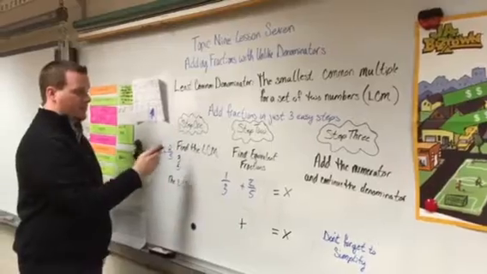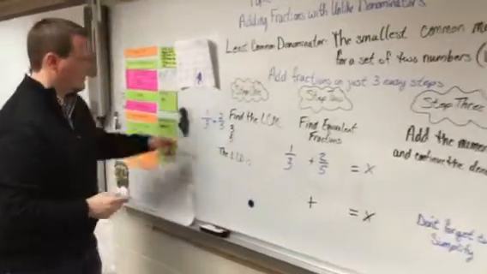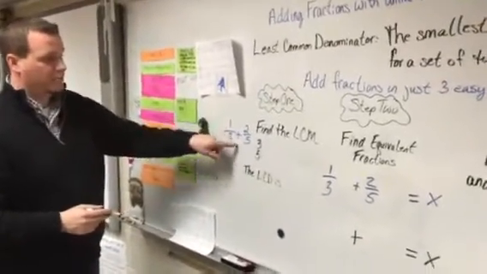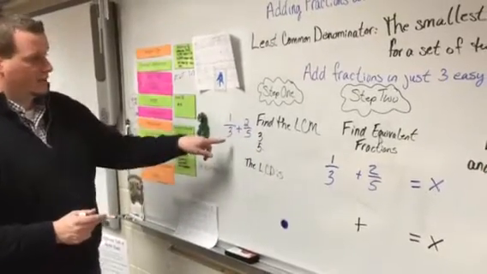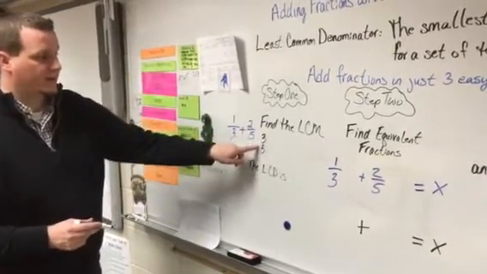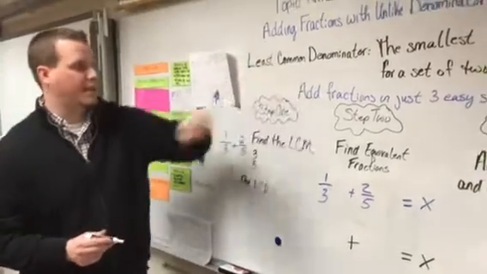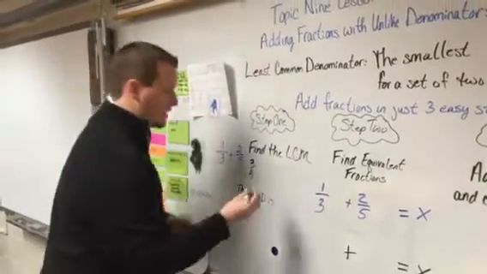So let's look at step 1, find the LCM. If we have the fractions 1/3 plus 2/5, we take our denominators, 3 and 5, because we're finding common denominators, and we'll find the LCM.